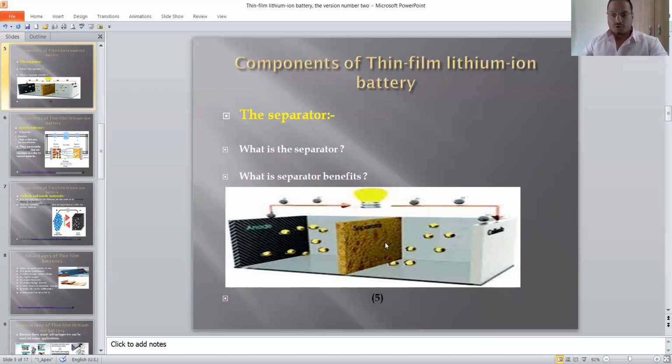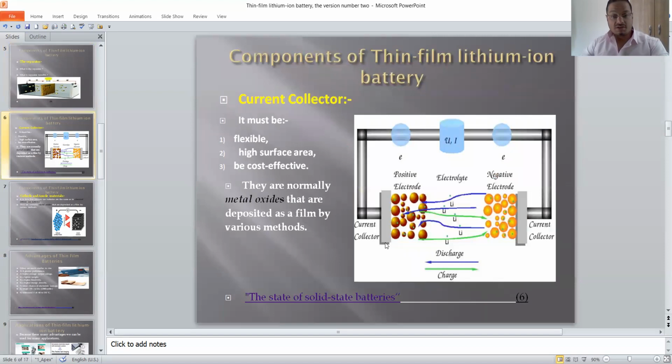Sometimes it will prevent it, and another time, in charge or discharge, we will let all of them pass through it, but that will be automatic and we will control it. Okay, now let's go to another slide.